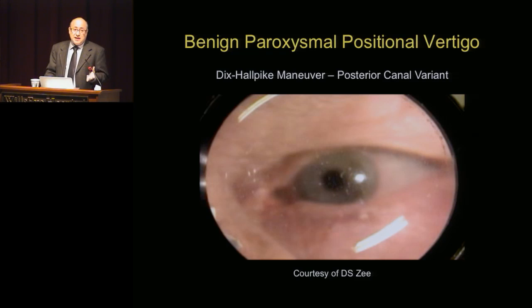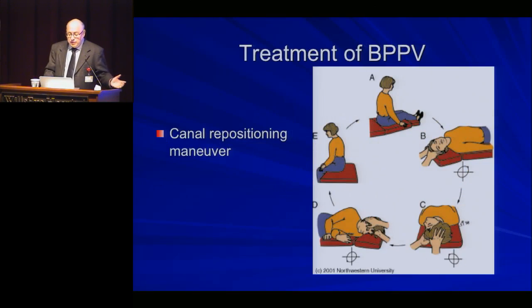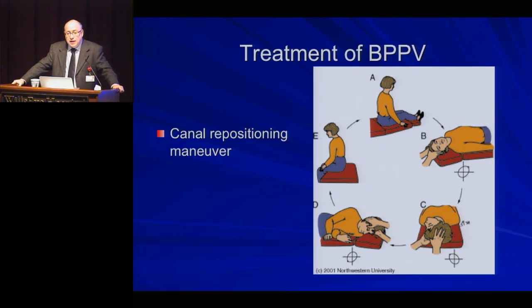It's important to make this diagnosis because patients can go on for years with symptoms, but if you know how to do the canal repositioning maneuver, where you start with the Dix-Hallpike maneuver and then move the head through various positions as seen here, you can actually move those crystals out of the posterior semicircular canal, and they don't come back in, and you cure the condition.